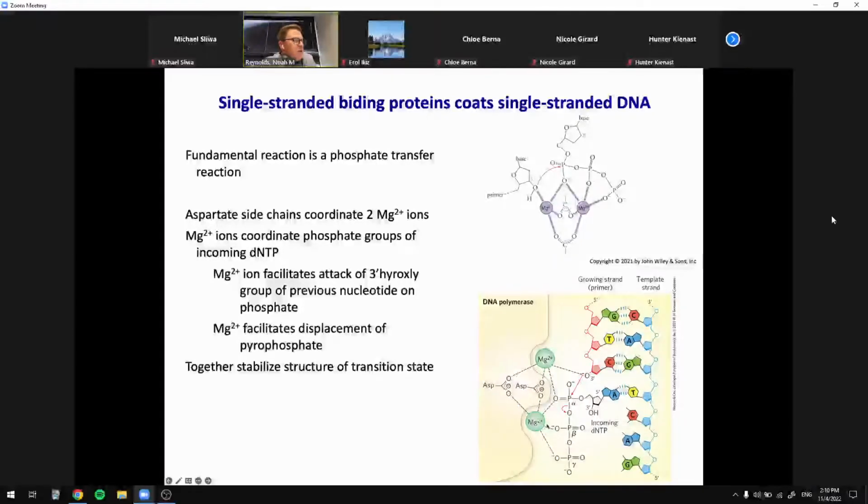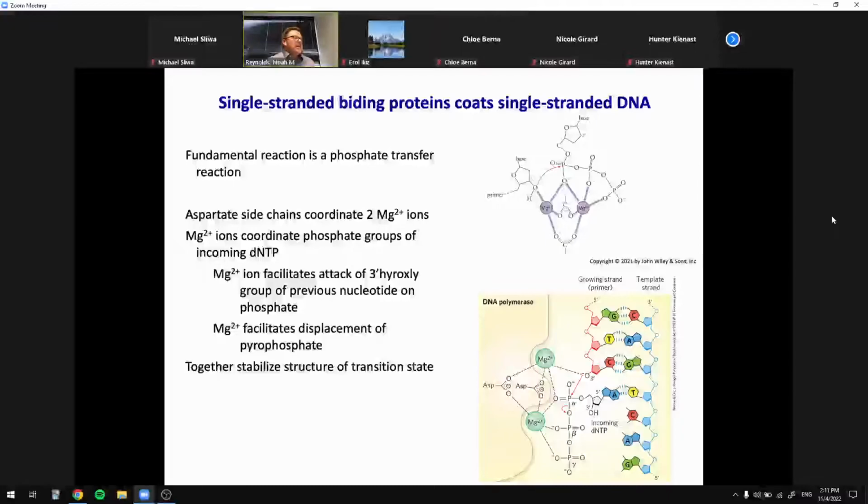And then the other one's helping to stabilize these other 2 phosphates for displacement after we get this bond formed here. And so these two will get let go. And those magnesiums, along with the aspartates that are coordinating them, this is that transition state here. So together they're stabilizing this transition state for this nucleophilic attack.